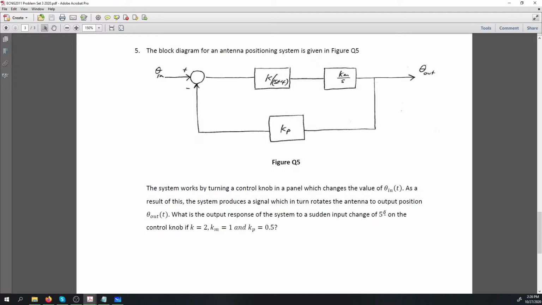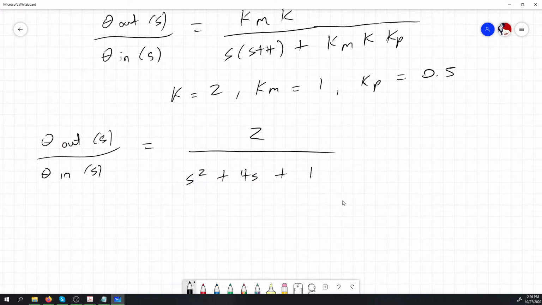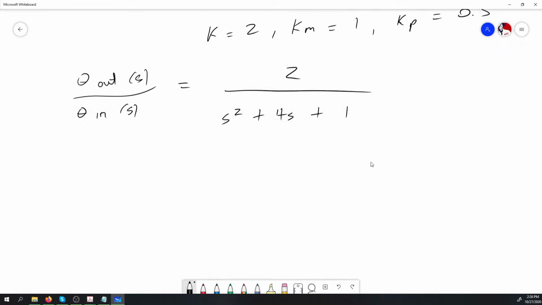So the only other thing that we didn't factor in was this input change of 5 degrees. Because it's an input change of 5 degrees, this is similar to a step change. So there's going to be a 5-degree step input in t.